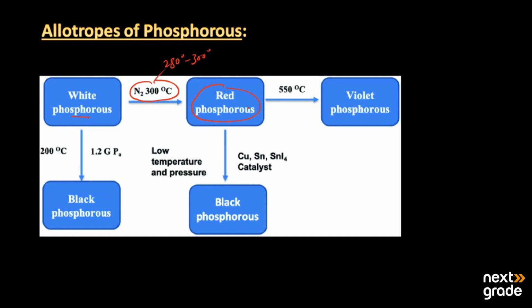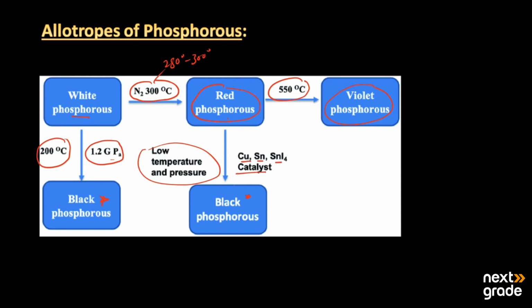Now this red phosphorus at 550 degrees Celsius is converted into violet phosphorus. In between these two reactions, white phosphorus at 200 degrees Celsius and a pressure of almost 1.2 pascal is converted into black phosphorus. And red phosphorus is converted into black phosphorus at low temperature and pressure. The catalysts we use here are copper, tin, and tin iodide.